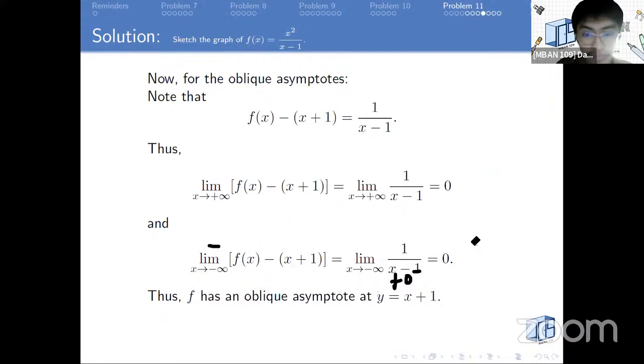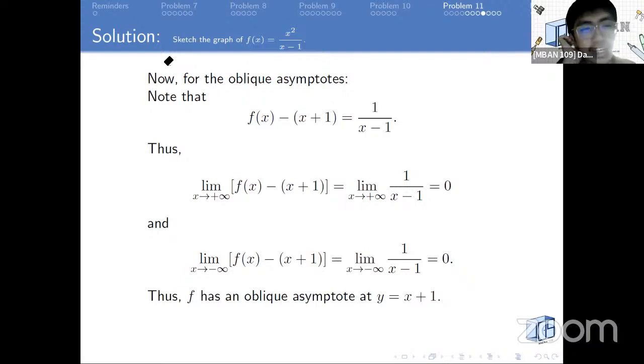Ngayon, hindi porket wala tayong horizontal asymptote ay wala na tayong oblique asymptote. Paano ba tayo nagkakaroon ng oblique asymptote?